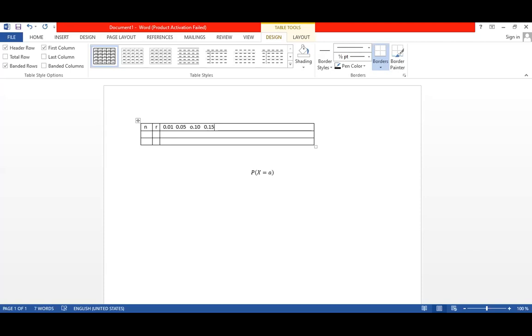Then 0.20. Then 0.25, good. Then 0.30, then 0.35, then 0.40, then 0.45, then finally 0.50.